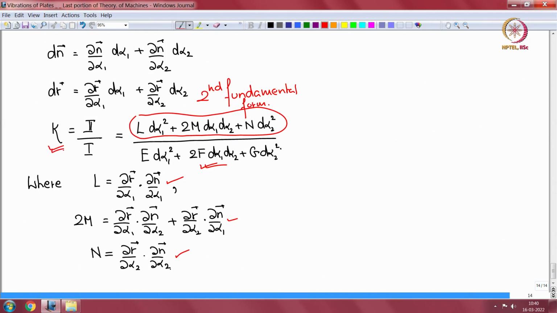Now, it is important to note here that there are an infinity of curvatures on a surface based on which curve you take.